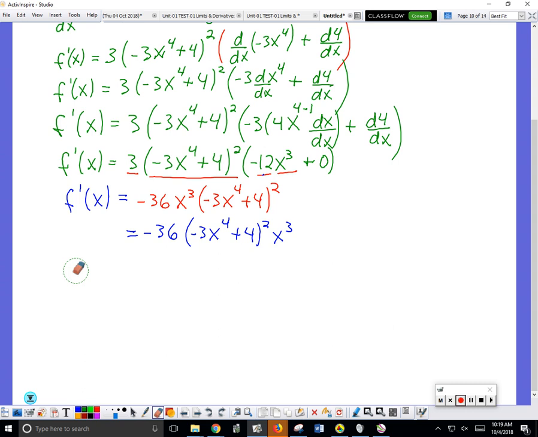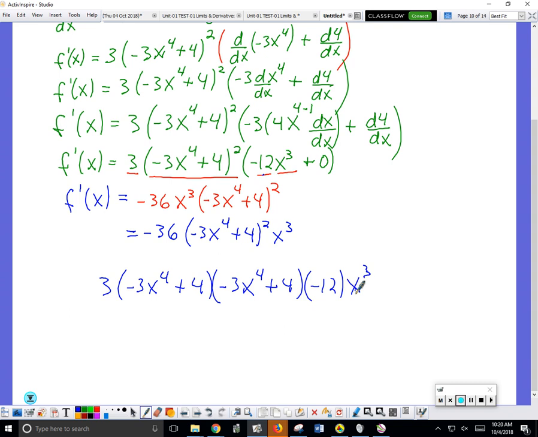If you wrote out negative 3x to the 4 plus 4 into 2 parentheses, so it wasn't squared anymore, then you could distribute? If I do this, correct, Cass? That's what you're thinking? Yeah.